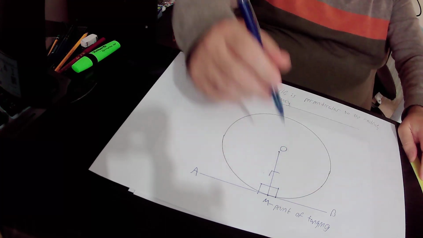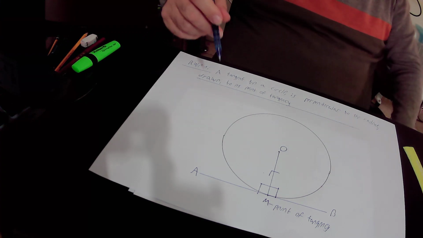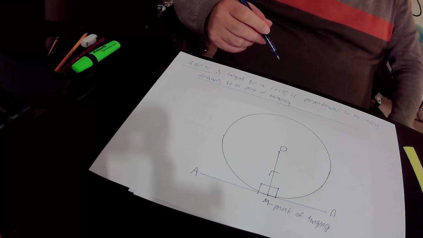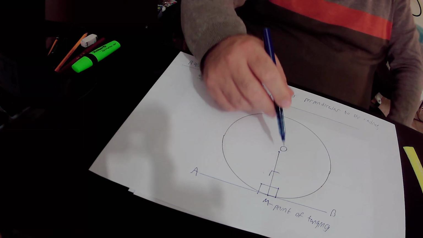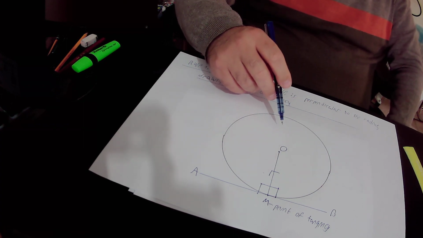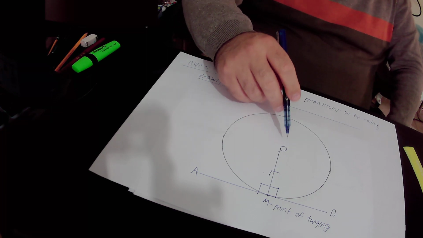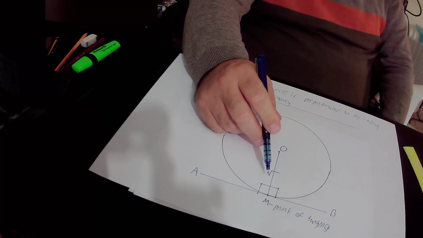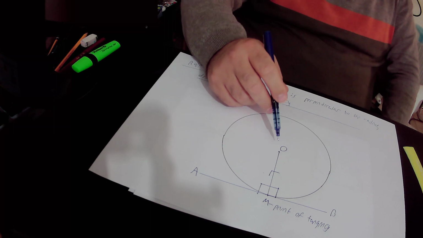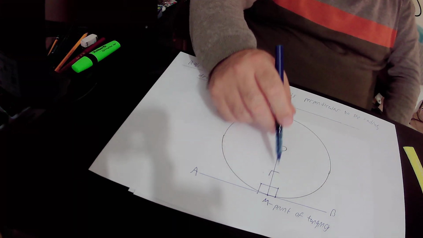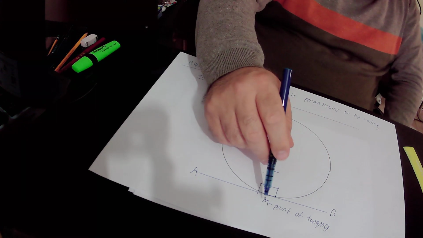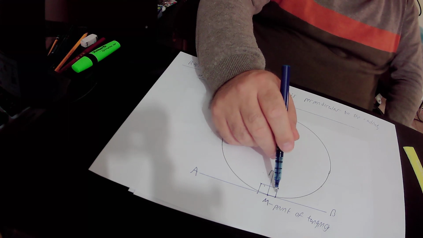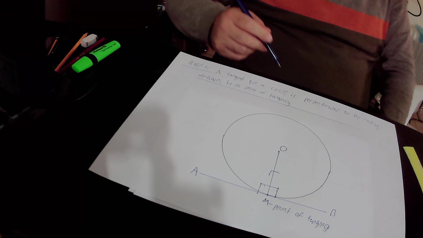Again, according to rule number 1, a tangent to a circle, that is to say tangent AB, is perpendicular to the radius OM that is drawn to the point of tangency. So AB will be perpendicular to radius MO, that is to say this angle will be equal to 90 degrees and this angle will also be equal to 90 degrees according to rule number 1.